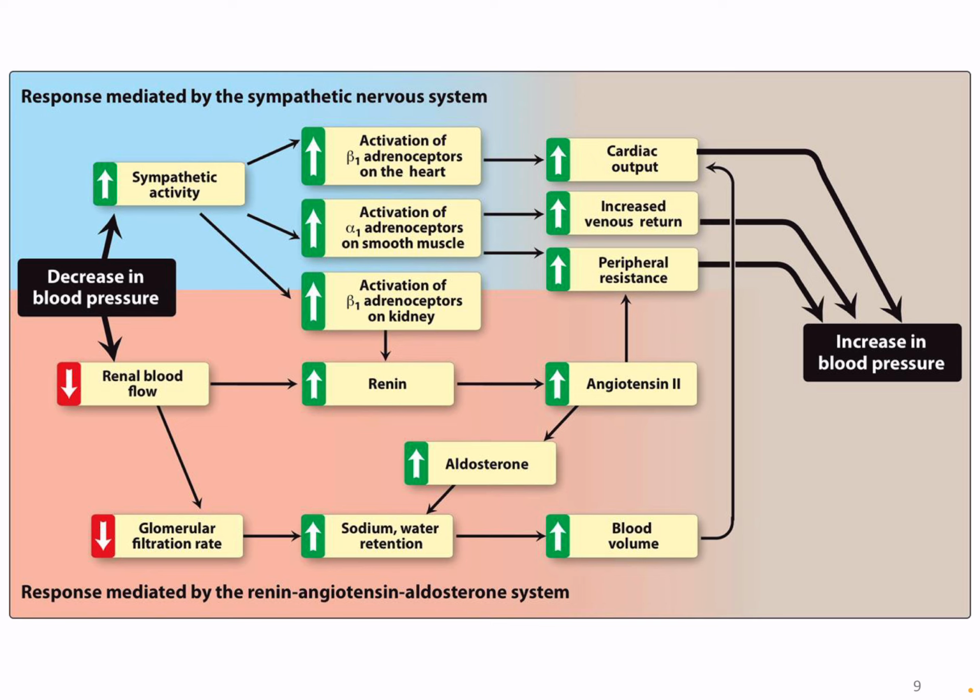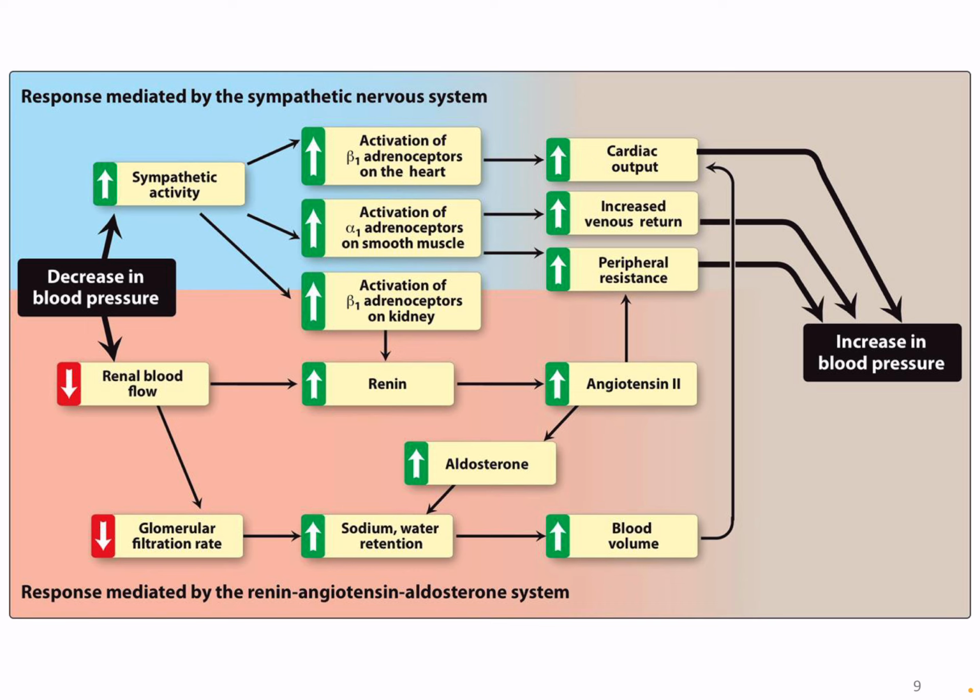If you remember the slide of the autonomic nervous system, where we discussed the location and role of these beta receptors, beta 1 receptors are present on the heart as well as on the kidney. So any increase in sympathetic activity activates the beta 1 receptor on the heart, which will increase the cardiac output and thus the blood pressure.